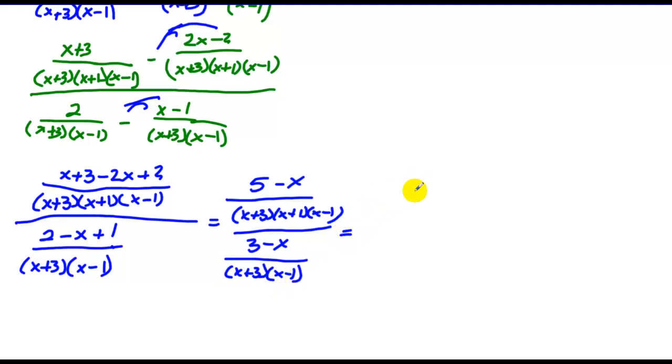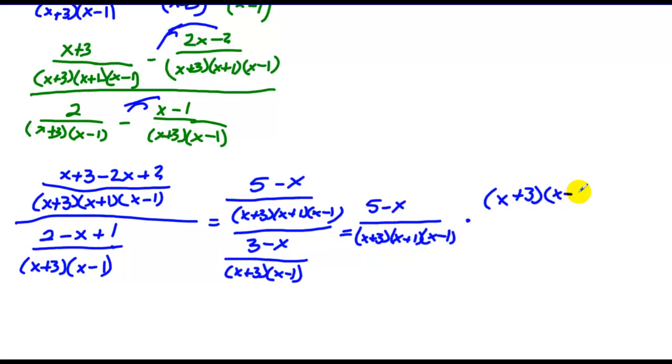Now I'll rewrite it, multiplying by the reciprocal. That's 5 minus x over x plus 3, x plus 1, x minus 1, multiplied by the reciprocal. It's x plus 3, x minus 1 over 3 minus x.